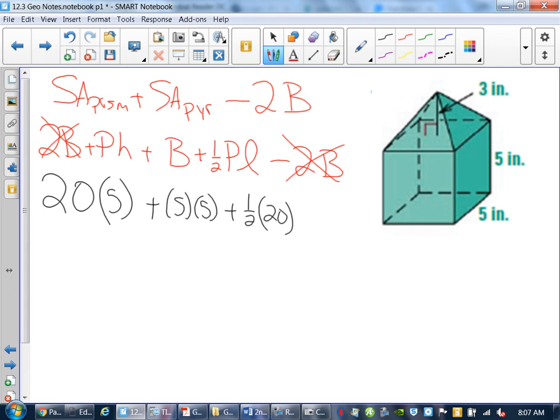And now we have the vertical height of the pyramid at 3. Remember where the vertical height of the pyramid goes to. The vertical height of the pyramid goes to what spot? The very center of the square. Okay.